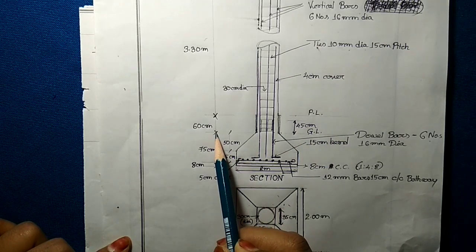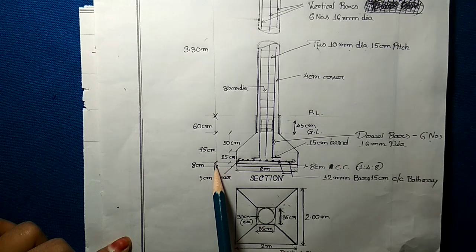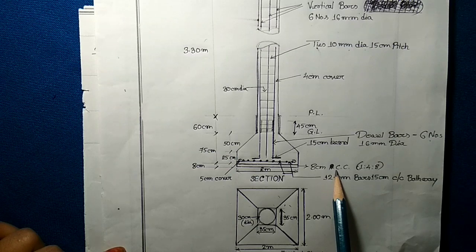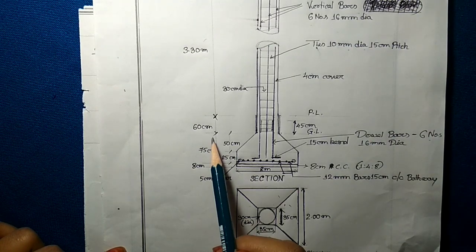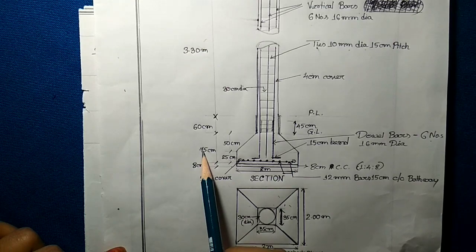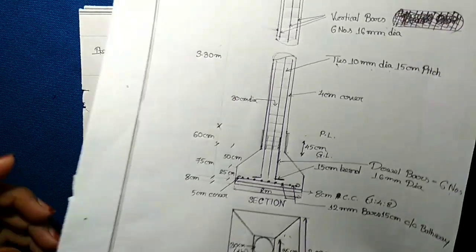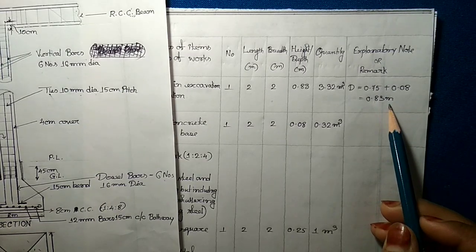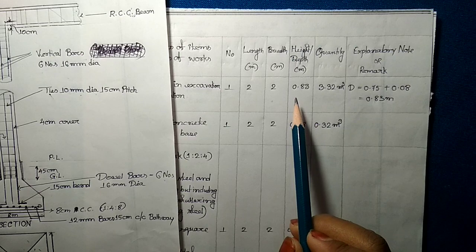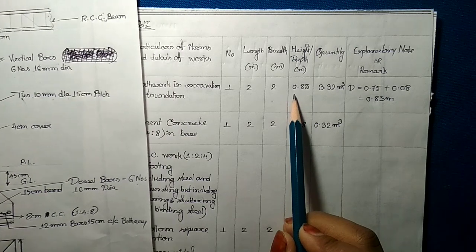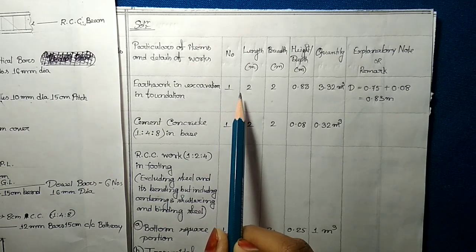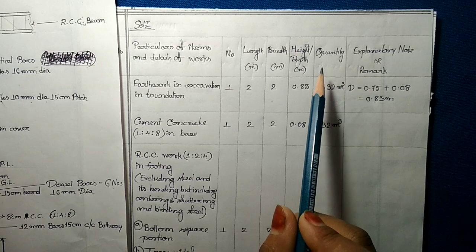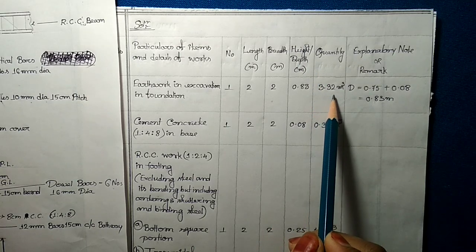So below the ground level, this portion is 75 centimeter, and we have one thin layer of 8 centimeter of cement concrete. So adding 75 centimeter and 8 centimeter, we can have 83 centimeter, which is equal to 0.83 meter. So we can put it as depth. So we get the number, length, breadth and height. So multiplying all this 4, we can have the quantity as 3.32 meter cube.